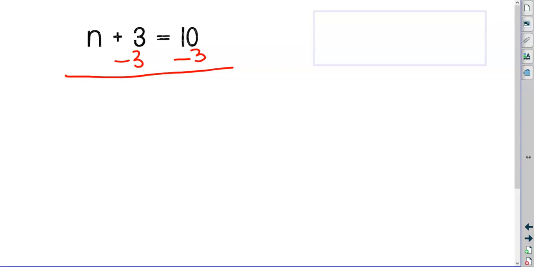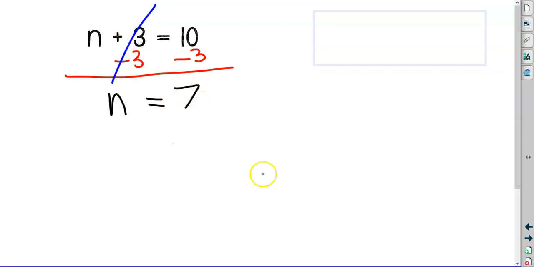The reason I'm choosing to subtract 3 is because these two values here are additive inverses, which means that a positive 3 and a negative 3, they make 0, right? So the whole point is to cross that value off to eliminate the constant and rewrite this problem with a single variable and no operation being done or performed to it.